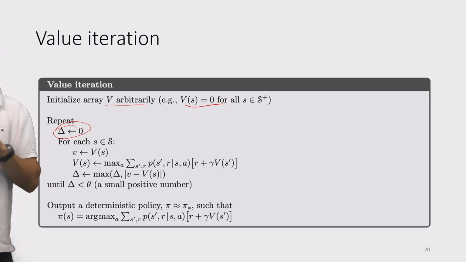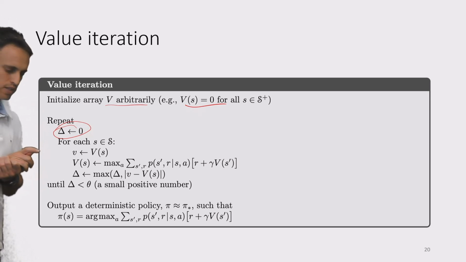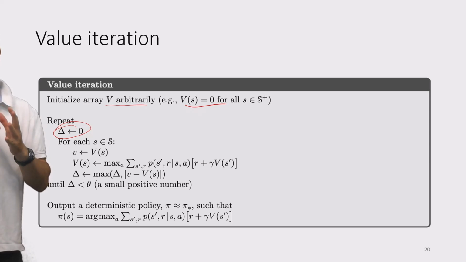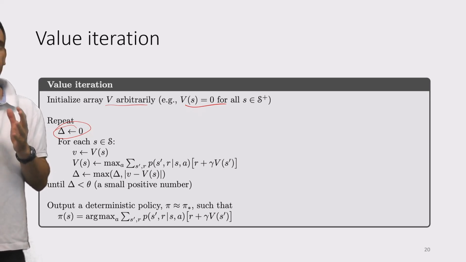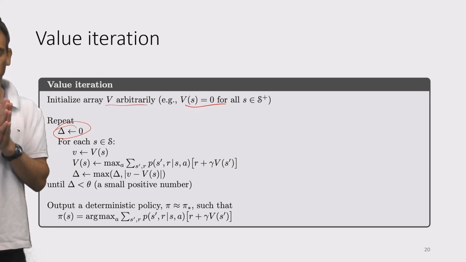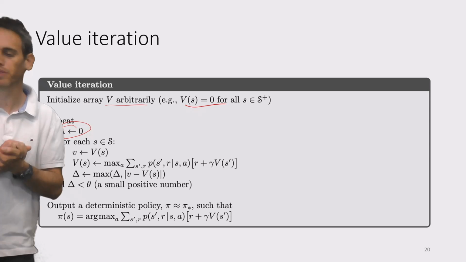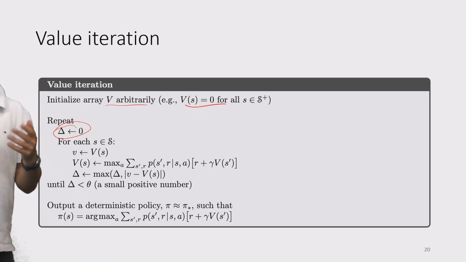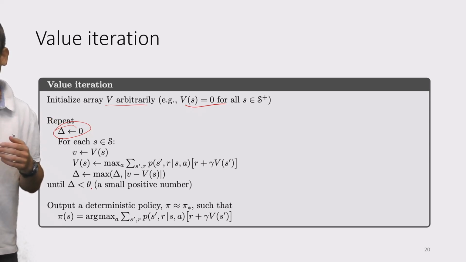I'll show you later that the Bellman equation, the one that we're using here, is what's called a contraction mapping. So this will guarantee that over time the difference in state values will converge when we update them, meaning that this entire process will converge, however small a theta you'd like to set here for your stopping condition.